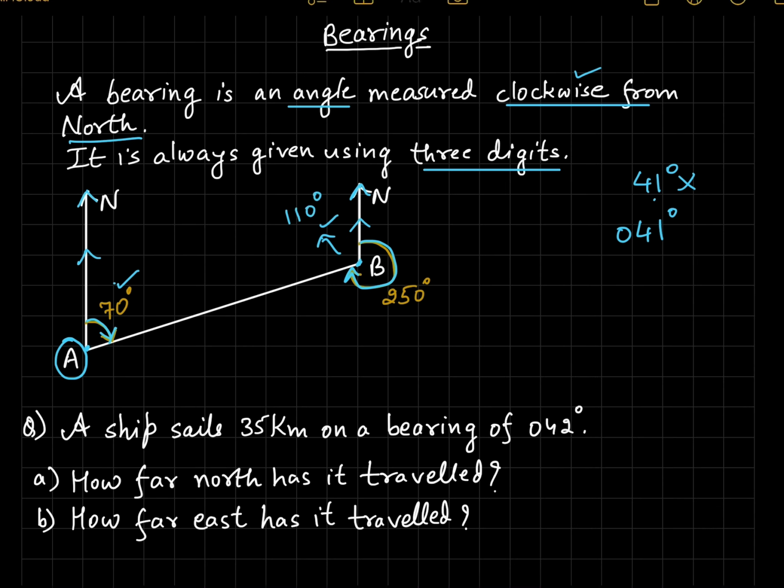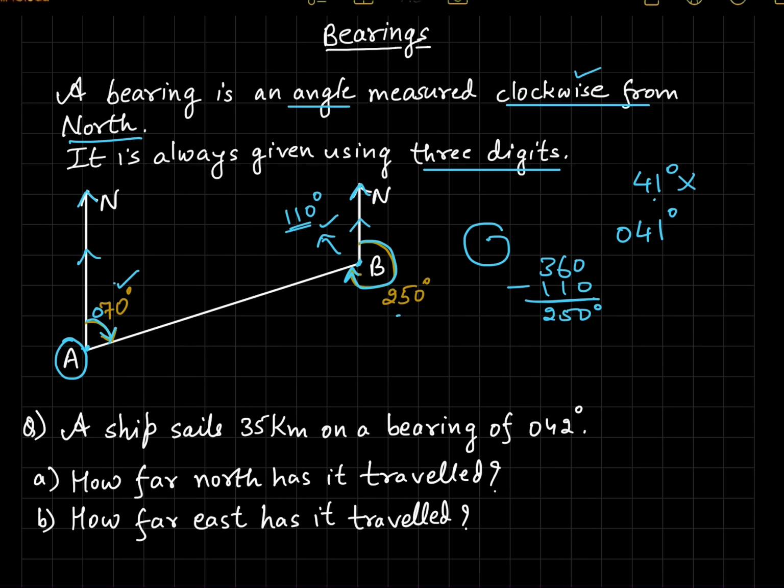Now the complete angle around a point is 360 degree. So around point B, the complete angle is 360. One of them is 110 degree. So we can simply say that the bearing of A from B will be 360 minus 110 degree, which is 250 degree, right? So here let us write 070 degree, and this is 250 degree.